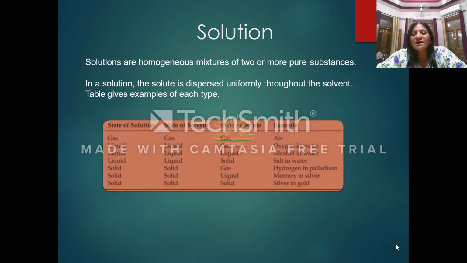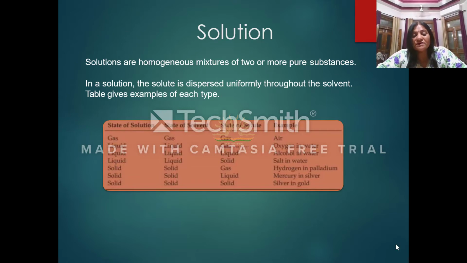We add water to alcohol and this type of solution is called a liquid solution. Another example of liquid solution, in which the solvent is liquid and the solute is solid, is salt in water, sugar in water.